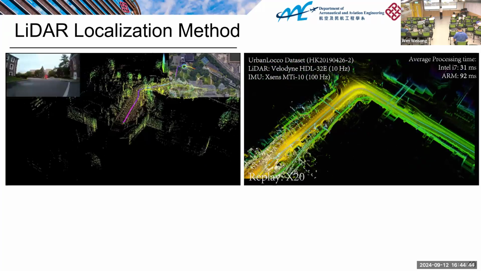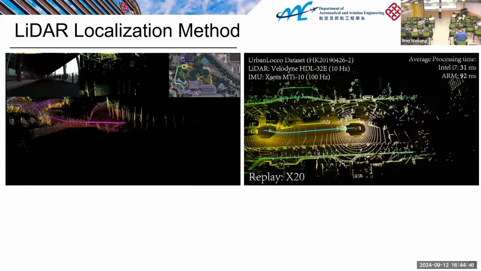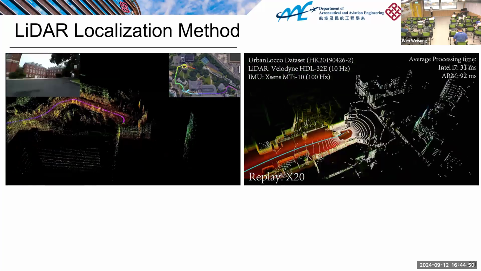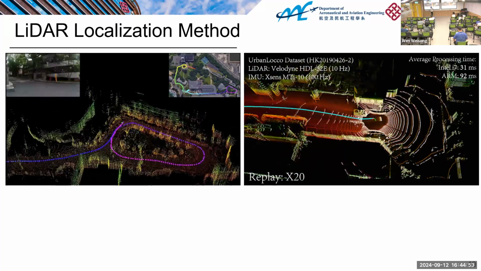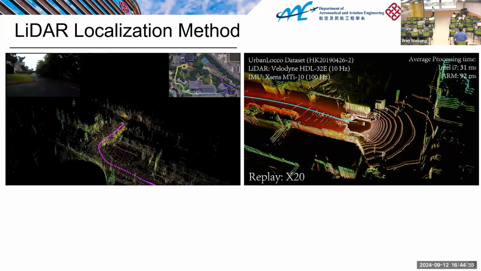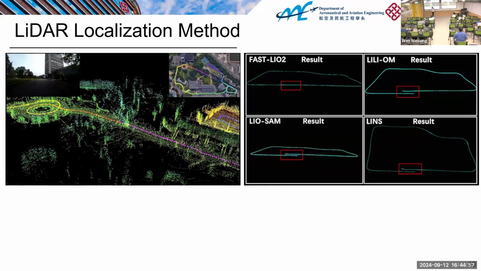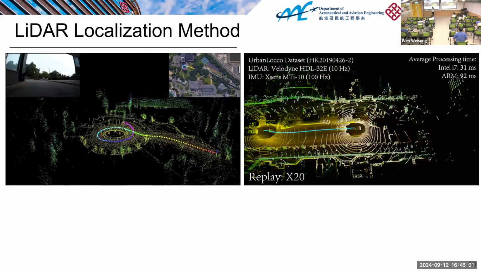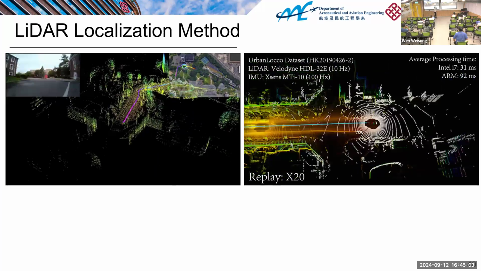Also, you can see this data set is in the US, but this one is in Hong Kong. This data set is from our lab. This one should be in TST, maybe. At least this is collected in Hong Kong.